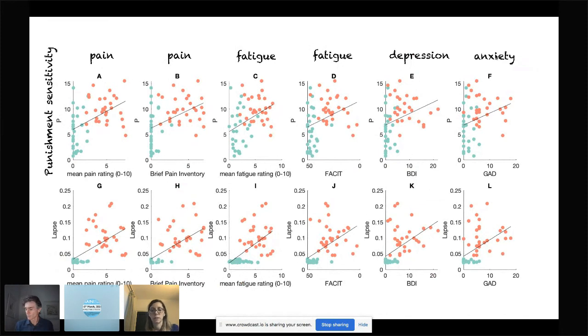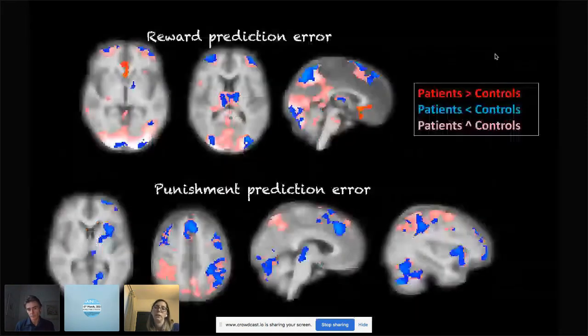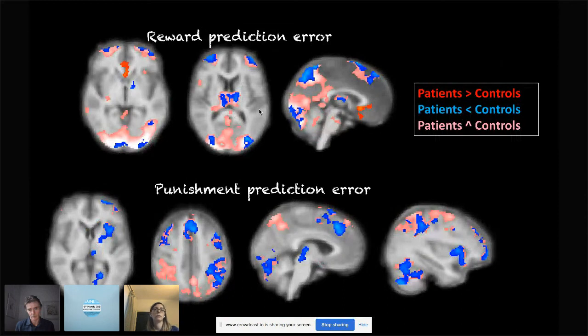So this is relevant, and if you do everything in the scanner, we can see that overall we see reduced prediction error signaling for both reward and punishment, with a region in the perigenual and subgenual anterior cingulate cortex that is upregulated, possibly to compensate for reduced prediction error signaling.